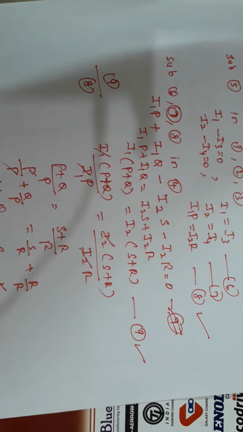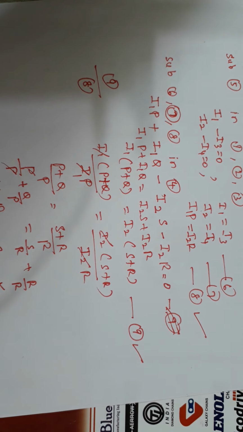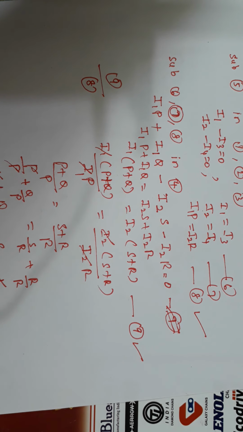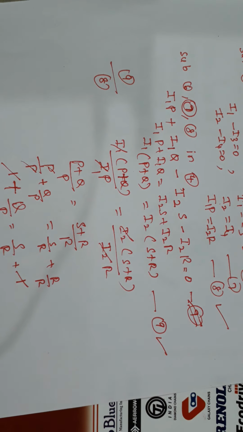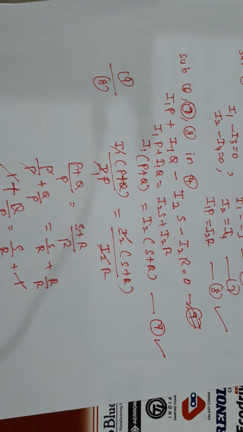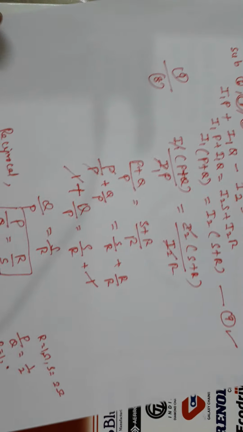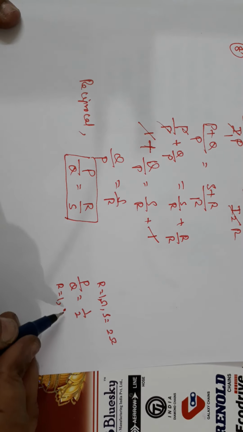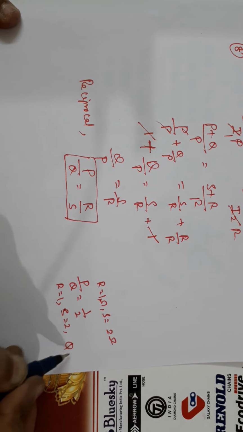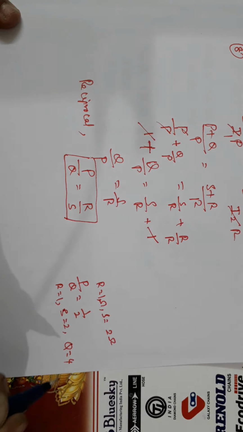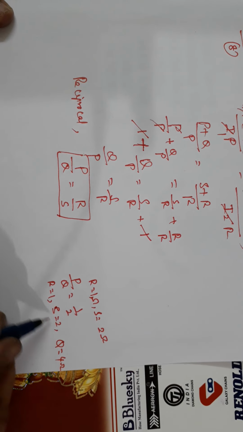Okay, now I am repeating again, children, if the values of two adjacent resistances are known, the other two resistances can be compared. In case you know three values, R is 1, S is 2 and Q is, let it be 4 ohm, you know all these resistances.